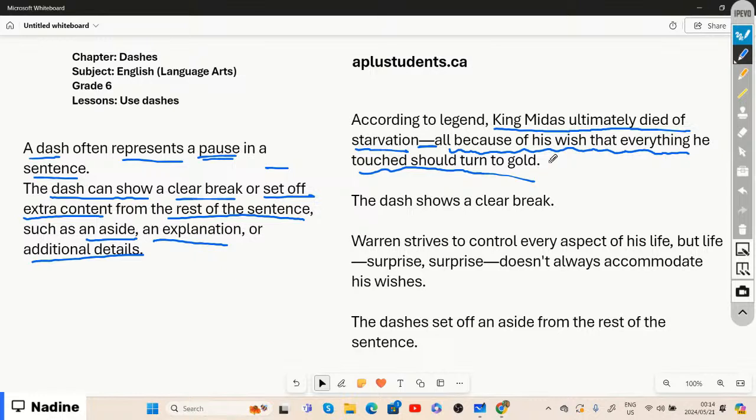And like we say, our dash over here just shows a clear break between one part of the sentence and the other part of the sentence, which is the explanation part.